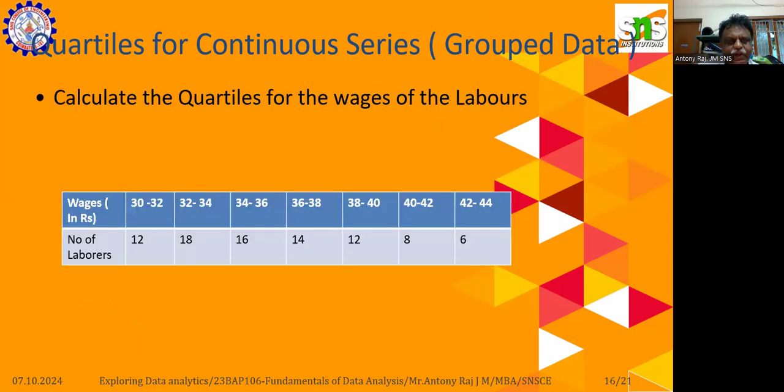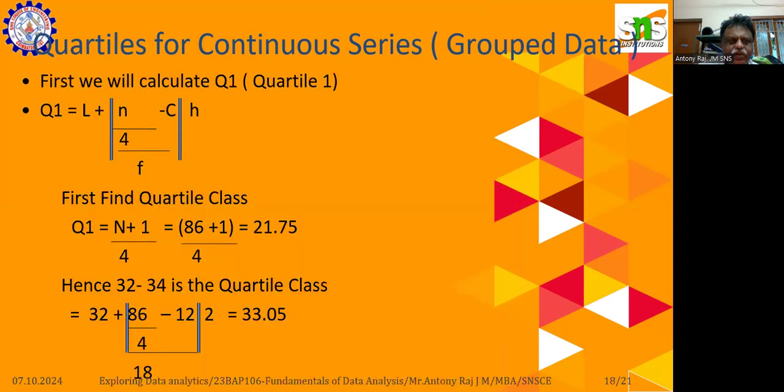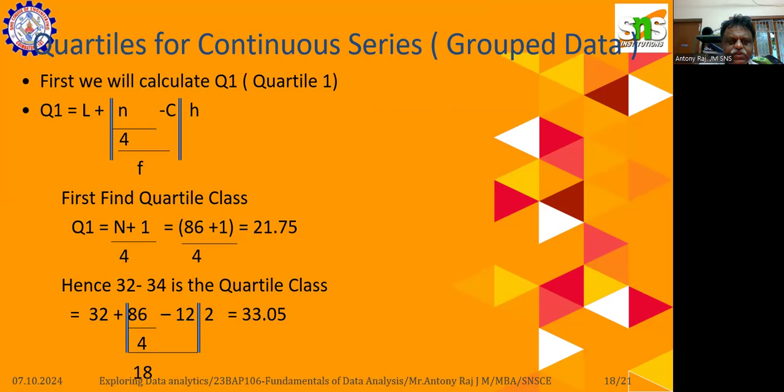Let us quickly do a small calculation: the quartiles for the wages of laborers. Wages in rupees are given in class intervals, and the number of laborers is given. We rearrange the data in the form of a frequency distribution table, where X is the class interval, F is the frequency, and we work out the cumulative frequency. We use the same formulas. N by 4 gives 21.75, and the cumulative frequency 30 is just crossing it, so 32 to 34 is the quartile class.